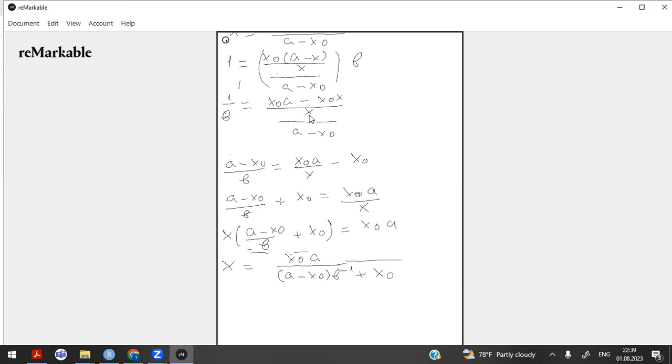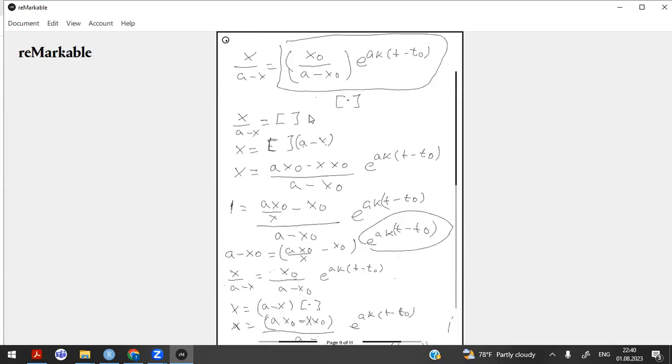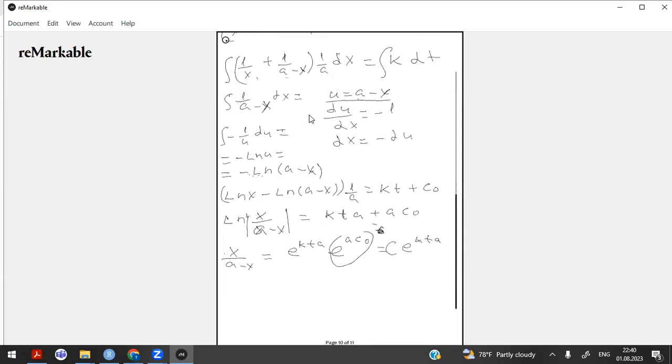So now we have everything to write the final solution. We can write it in this way: let's put the constant in front, a x0 divided by a minus x0, okay? And what was b, our nice b? B was, if you remember, but if not, it's okay. Let's find the b.